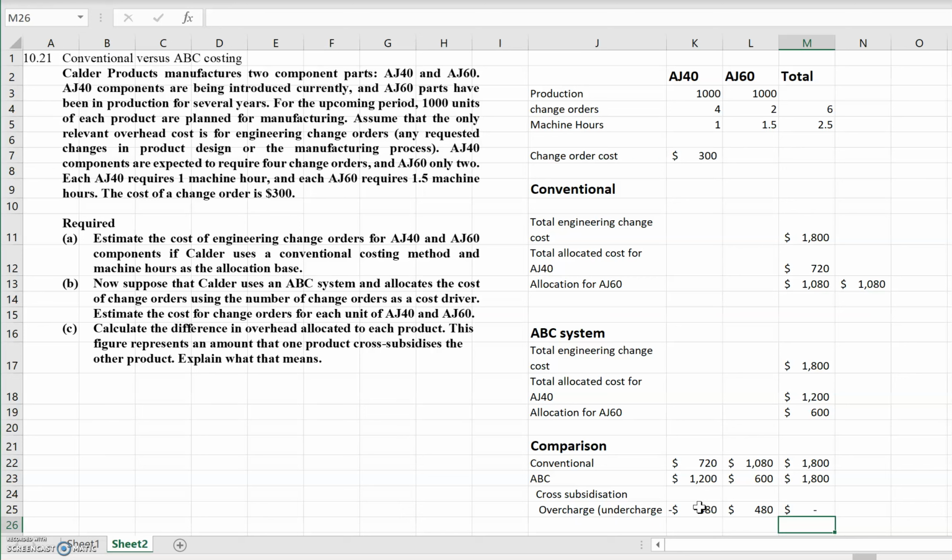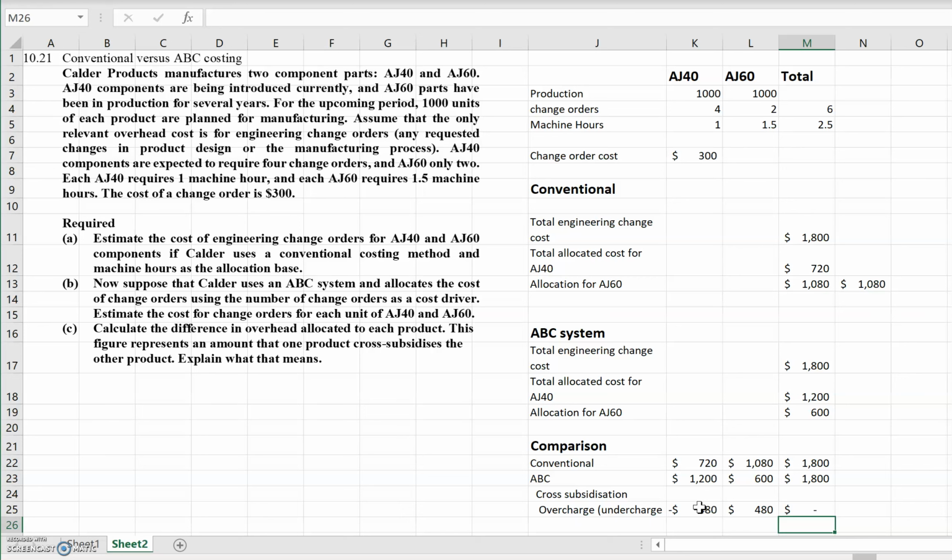And so this explains how the ABC system can provide you with a much more accurate process of allocating overheads to products. And it's really important when you're making a decision as to whether or not to drop a product line.